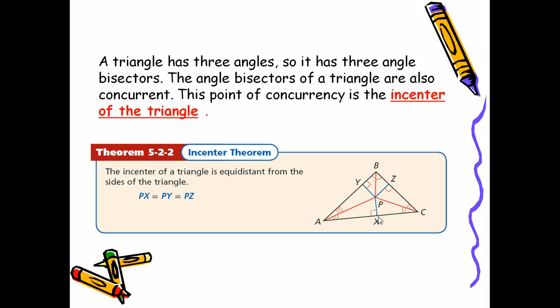But what we've shown you here in blue are the perpendicular bisectors. You can look at them and eyeball them and see that PX equals PY equals PZ. So if you cut the angles in half, you end up with a point, the incenter, which is equidistant from the sides.